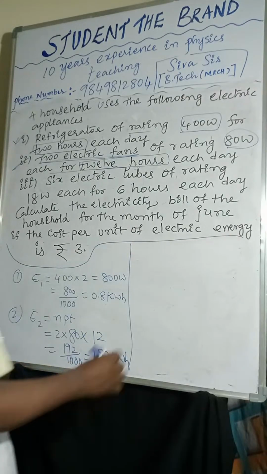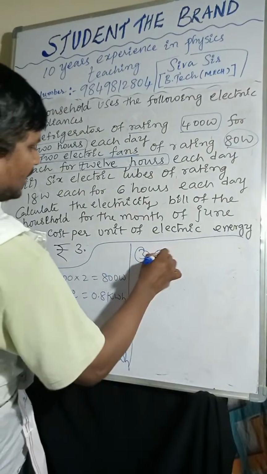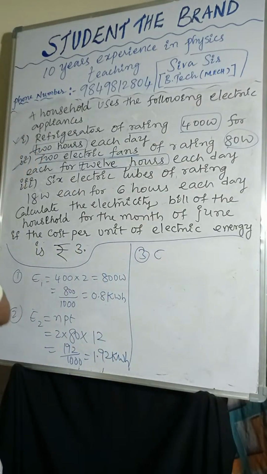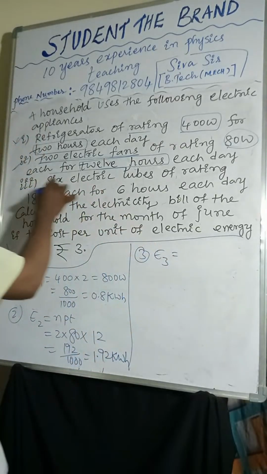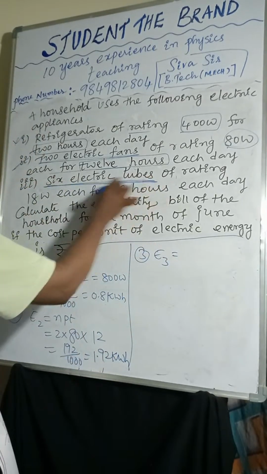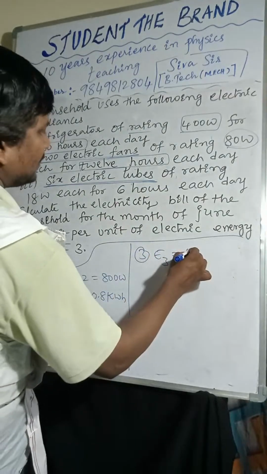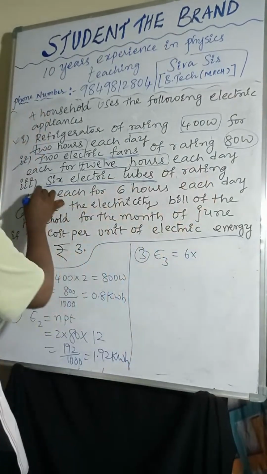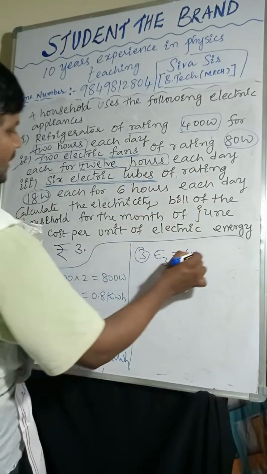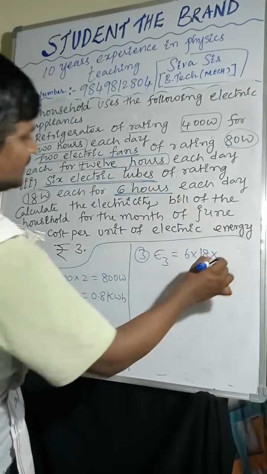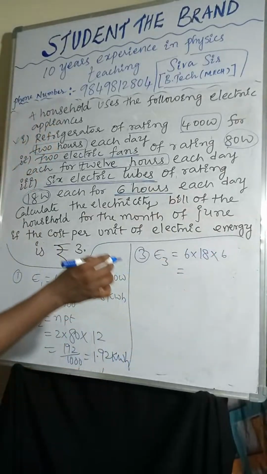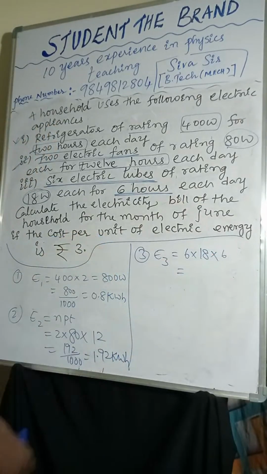Third one, E3. 6 electrical tubes, so 6 into 18 watts into 6 hours. I hope you get 648.